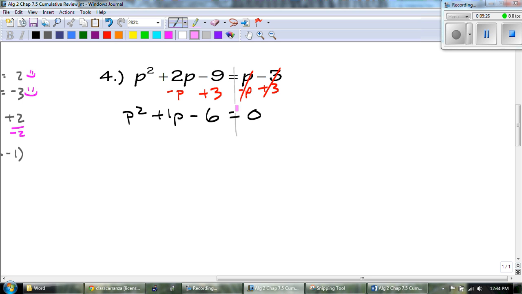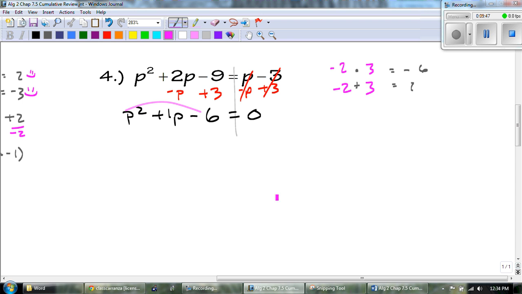Okay, so I'm checking for a GCF and I don't see one. So I need numbers that multiply to get to negative 6 and add to get to 1. What are they? Yeah, it's 2 and 3, but one of them has to be negative.